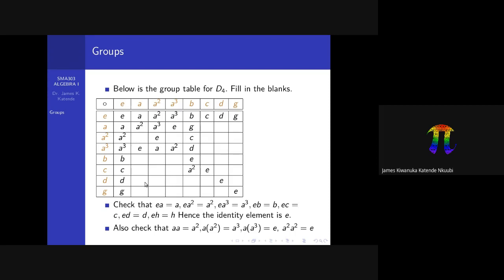So remember how it works. The composition starts from the column side, moving towards the row. So for instance, what appears here is A squared composed with B in that order. This C here should be the result of composing A squared with B. So A squared, then the small circle, and B. What that means is that B will act first, followed by A squared, because that's how the composition is defined.